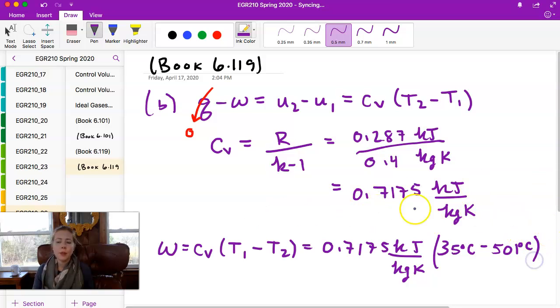And the reason, remember, I can write down the temperatures here in Celsius rather than Kelvin is that we're looking at a difference, and a difference in Kelvin is equal to a difference in degrees Celsius, so that's okay there. And what we end up with is work is equal to minus 333.6 kilojoules per kilogram.